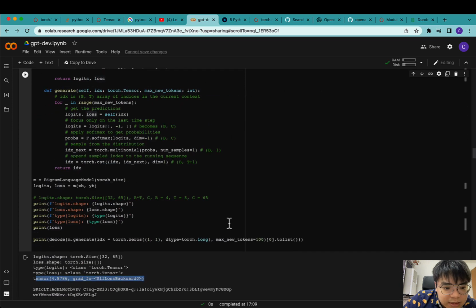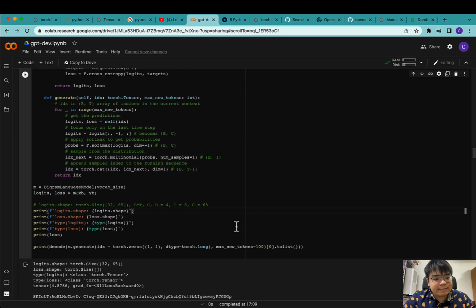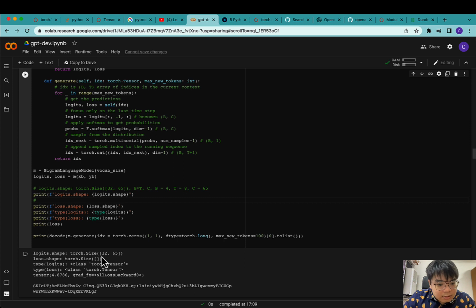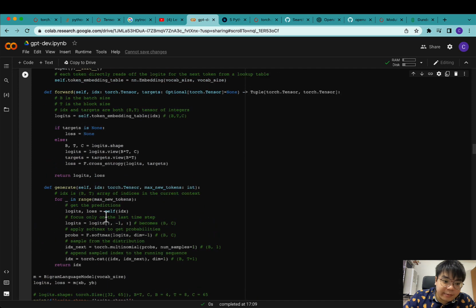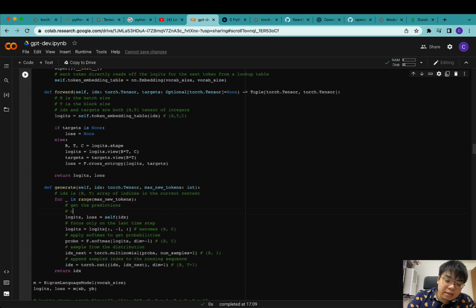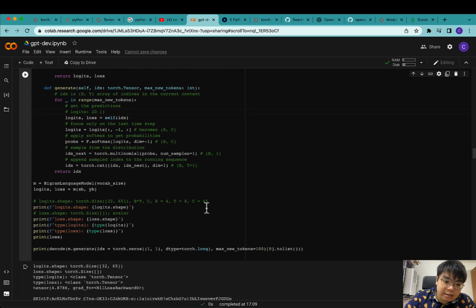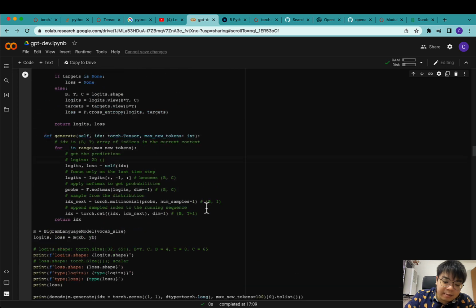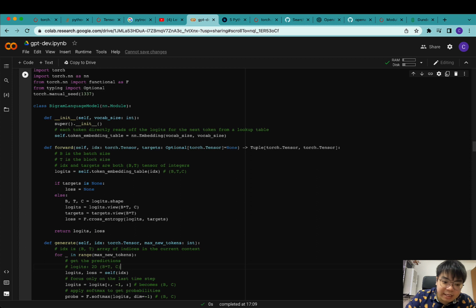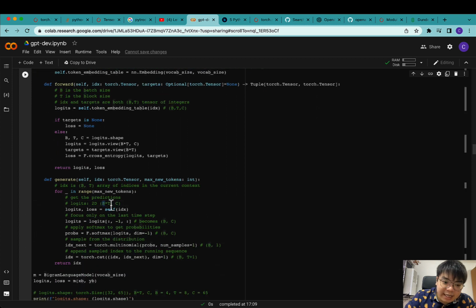I guess it's worth doing this scalar, and what this means is logits is 2D, and specifically it's B times T followed by C, where B is the batch size, T is the block size, and C is the channel size or vocabulary size.